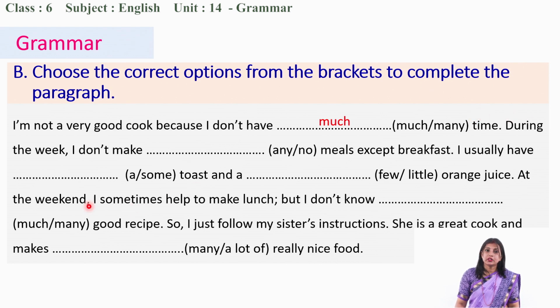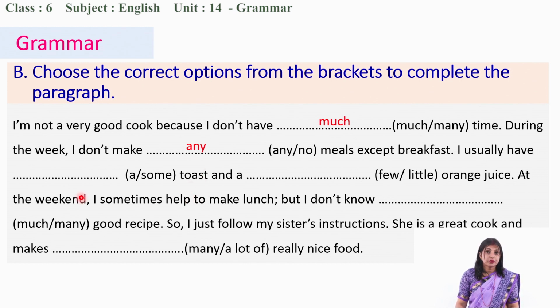Alright. During the week, I don't make meals. Meals, countable or uncountable? Uncountable? No, it's countable, isn't it? There are 4 meals we eat: breakfast, lunch, snacks, dinner. We can count it. So, I don't make any meals because any can be used with countable also and uncountable also. Here is any. I usually have toast.